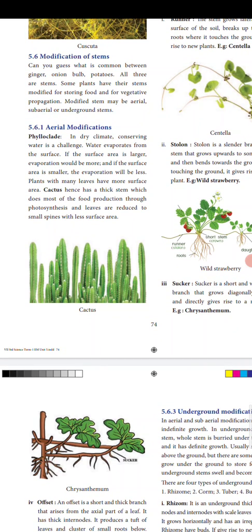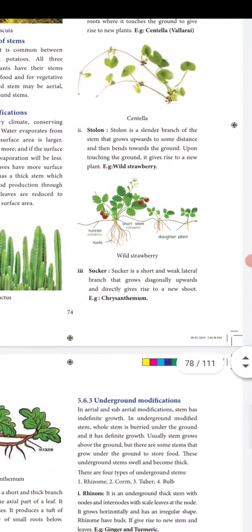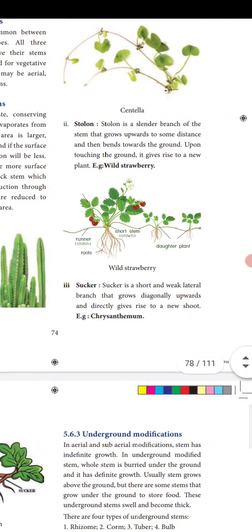Subaerial modification: runner, stolon, and sucker. For example, strawberry and Potentilla. Slender branches of the stem spread laterally on the surface of the soil and produce roots where they touch the ground, giving rise to new plants.